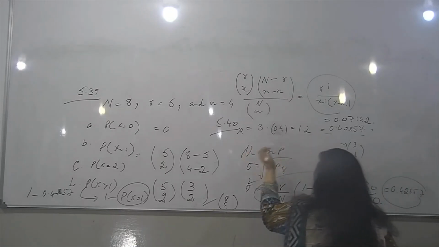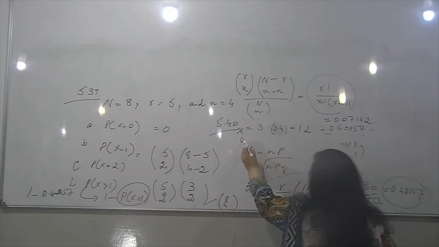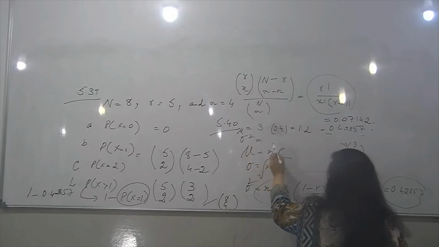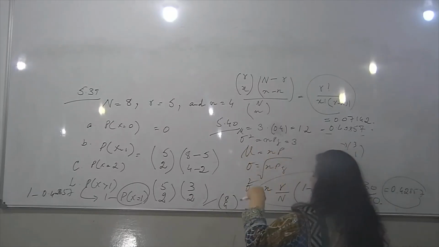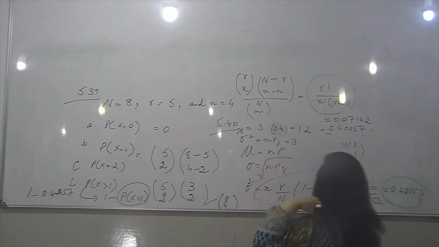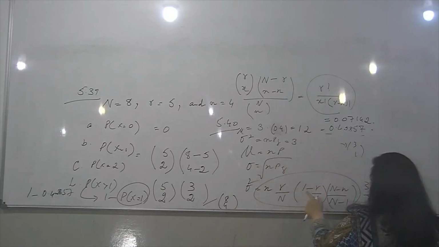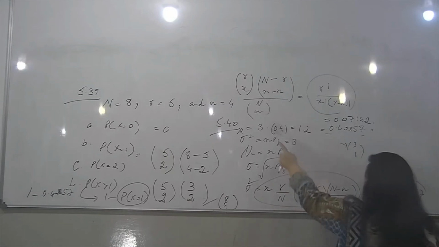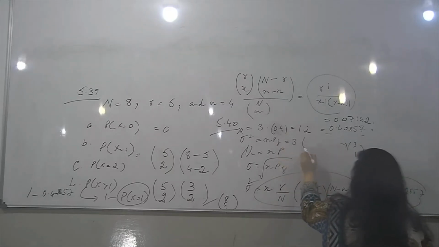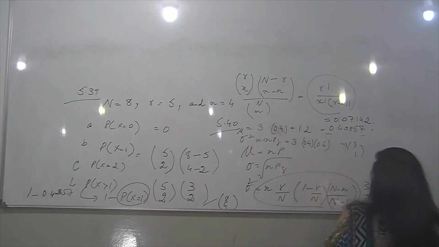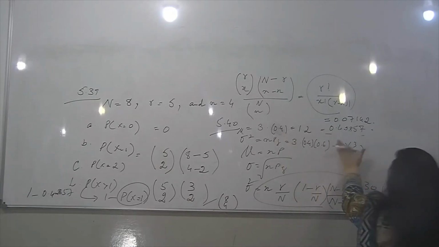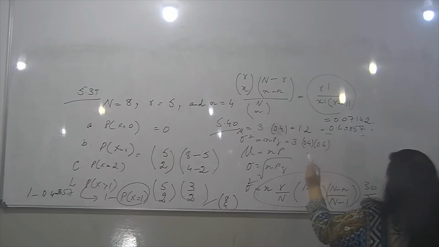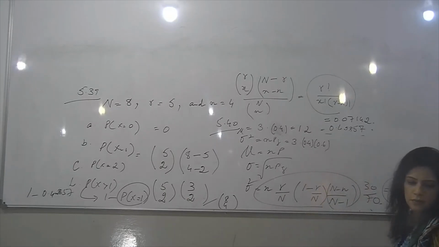This is the mean. Now if I want to find out sigma square, in this case it's going to be npq, and it's very simple, it's 3 into, because I'm going to be finding it out with the help of this formula, so this is 1 minus r by n, which is 1 minus 0.4, which is actually 0.6, into 0.6, okay? And then N minus n over N minus 1. So now N in this case is 10, okay?